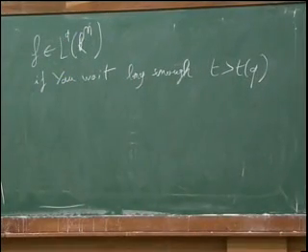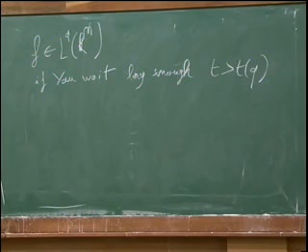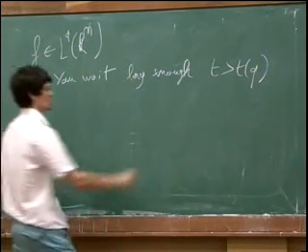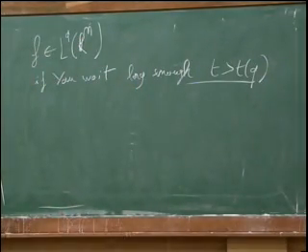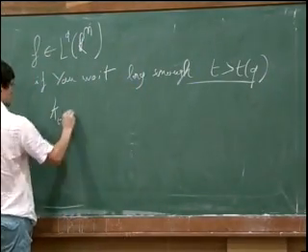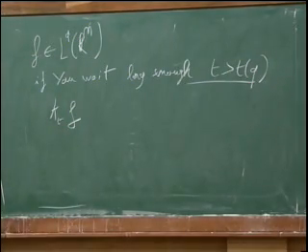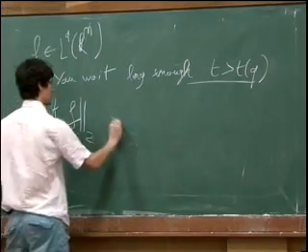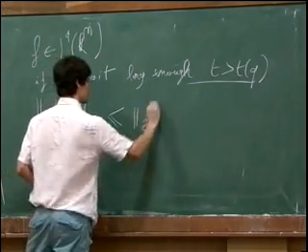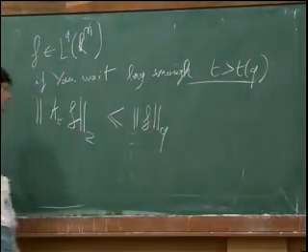So when q gets closer and closer to 1, you can have nastier and nastier singularity here. If you wait long enough, we already know that K_t of f is in L2. But what happens here is actually that the L2 norm is less than the L^q norm.